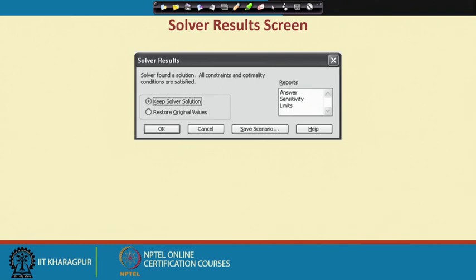As a result, we can address the business problem effectively, and come up with a solution through which you can take strategic decisions. So, this is how the solver results.